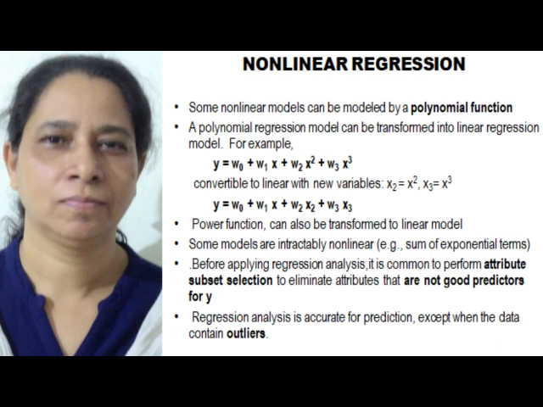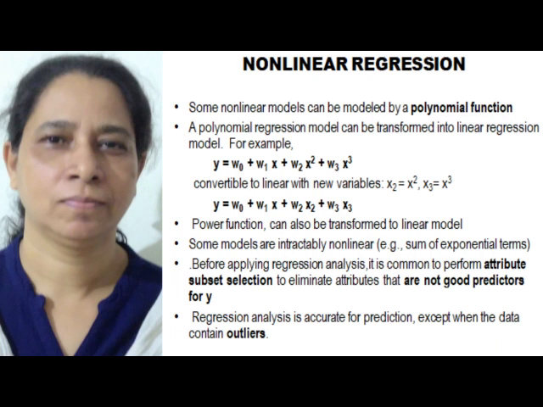For example, a polynomial regression can be represented by the formula y is equal to w0 plus w1x plus w2x square plus w3x cube, which is a cubic polynomial relationship. By applying transformation to the variables, we can convert this non-linear model into a linear one.